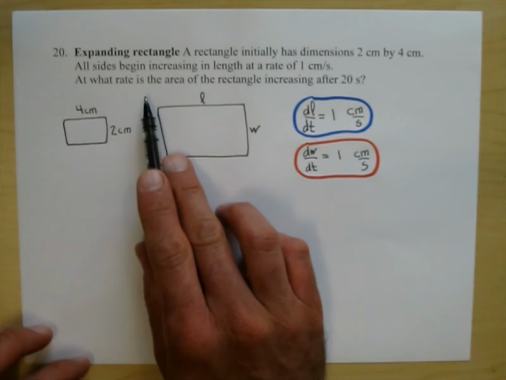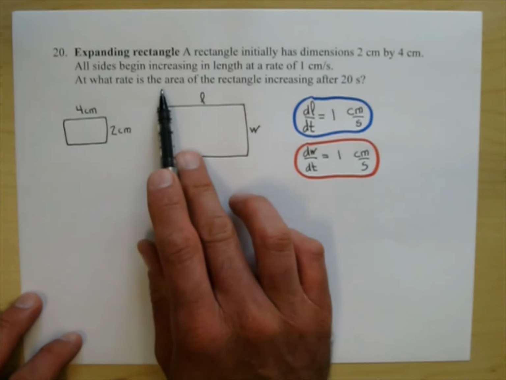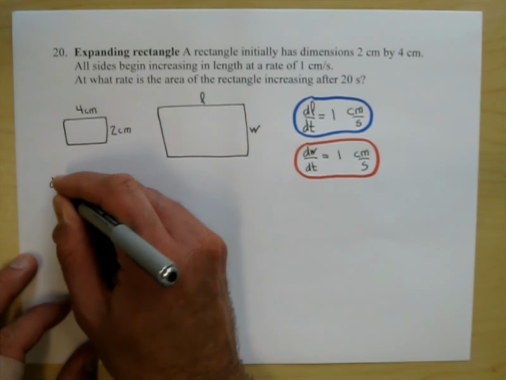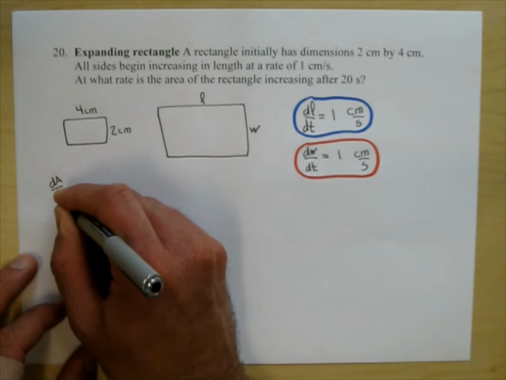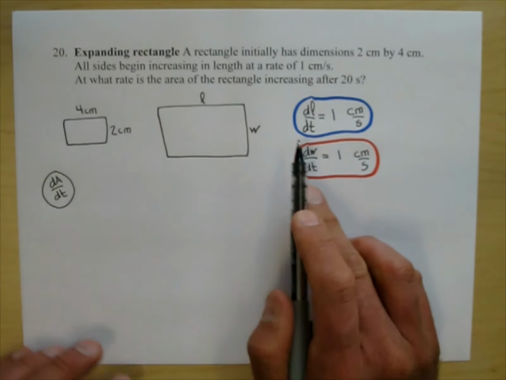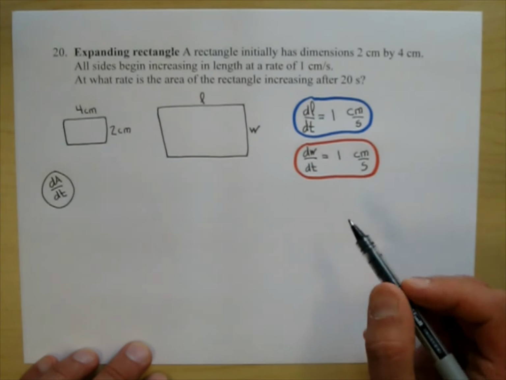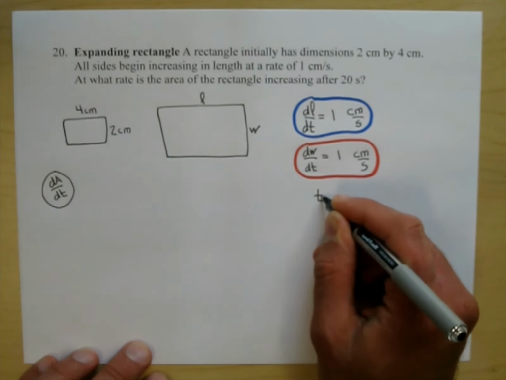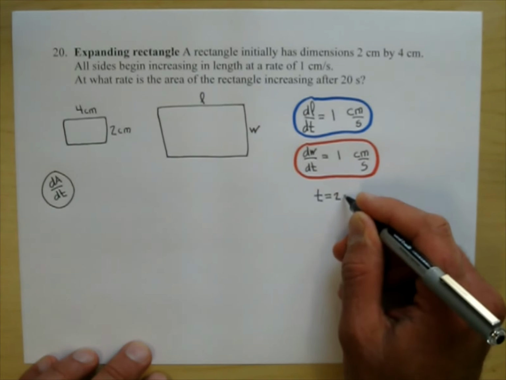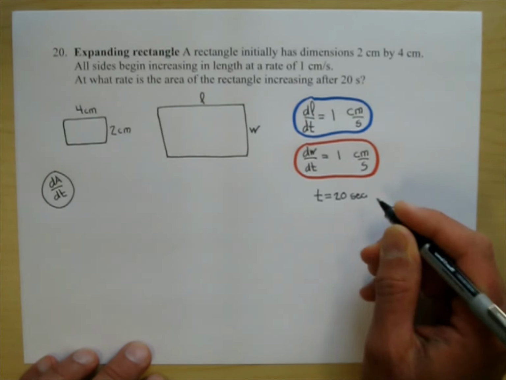So they want to know the rate of the area. This is our goal, dA dt. And they also tell us that we're at 20 seconds. So t is 20 seconds.